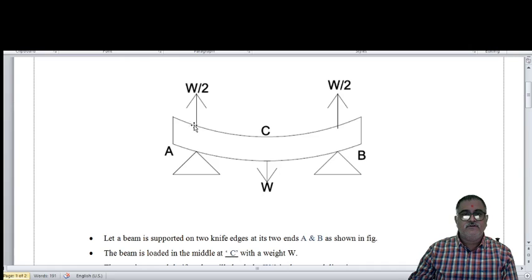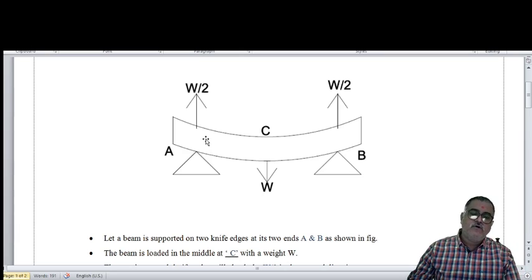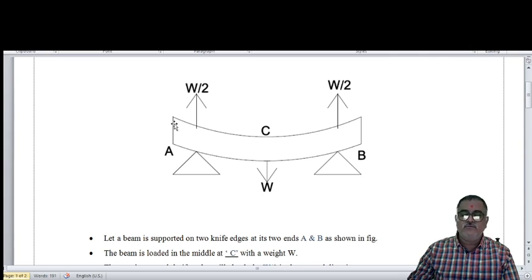Therefore, to perform this experiment, we have to carefully learn the theory of cantilever which we have already discussed. Now we will see y by bending loaded at the center.